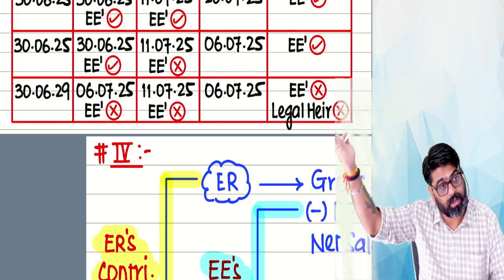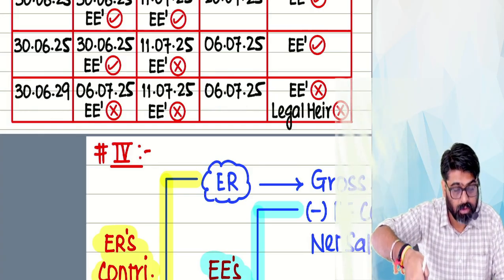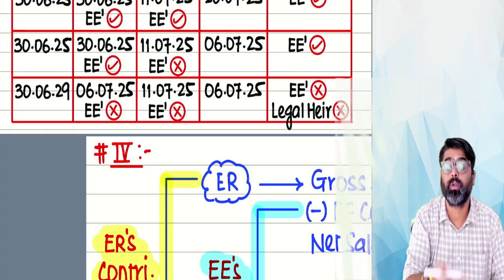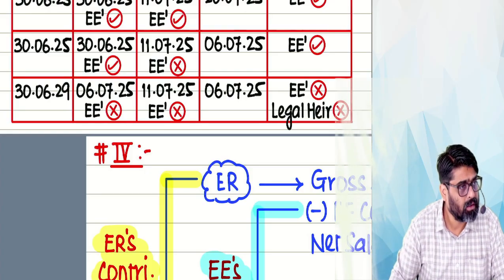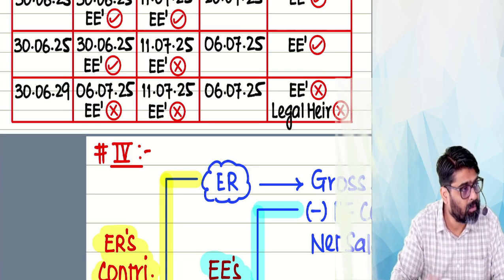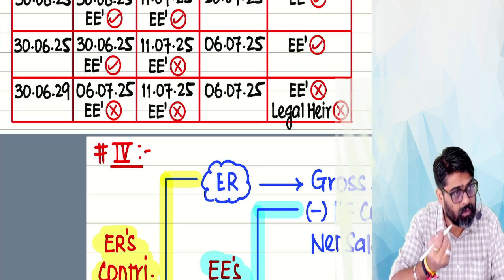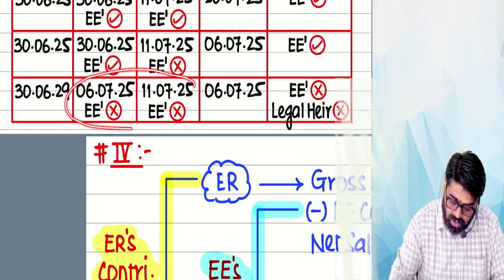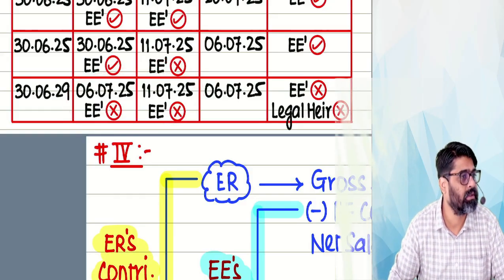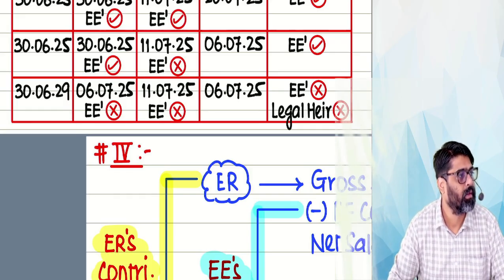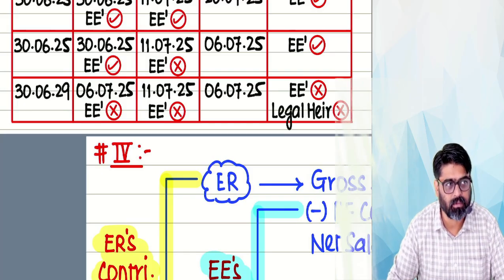So before retirement, if the employee dies, the leave encashment will become due on death and will be received by the legal heirs. At the time when it becomes due and when it is received, at both times the employee is not alive. It cannot be taxed in the hands of the employee. So who is receiving it? Legal heirs. So in the hands of legal heirs, it should be taxable.